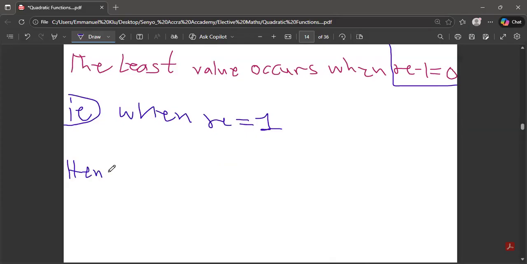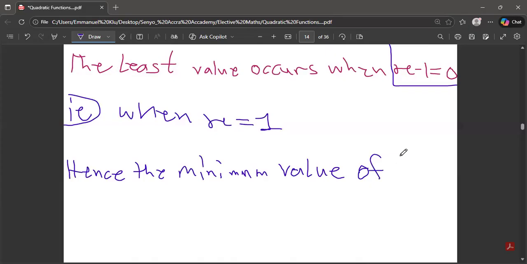And hence we say that it occurs, and hence the minimum value of f of x is what?